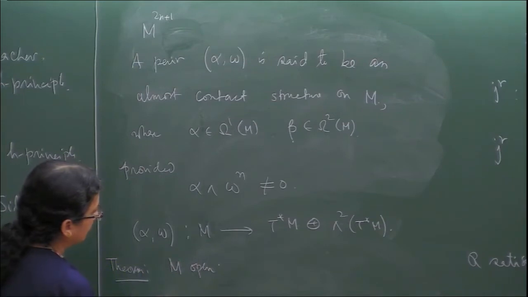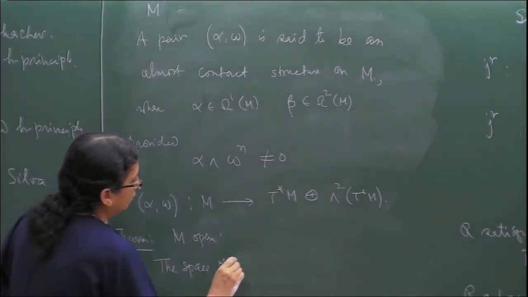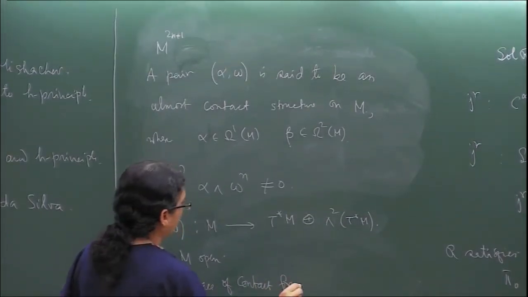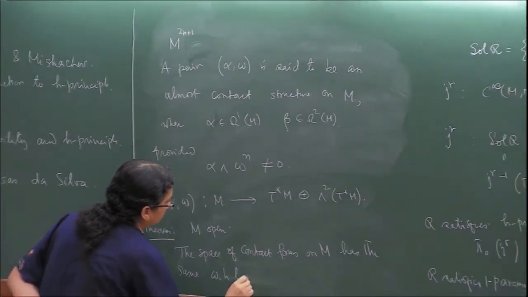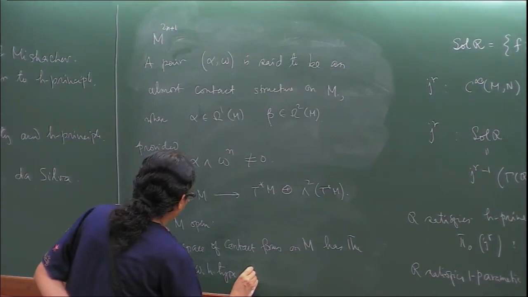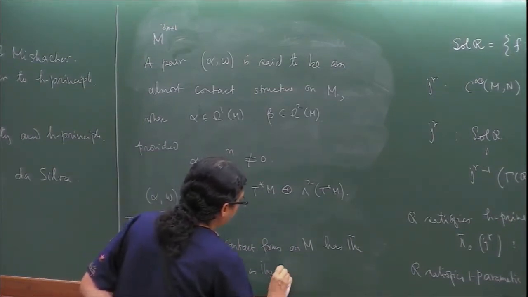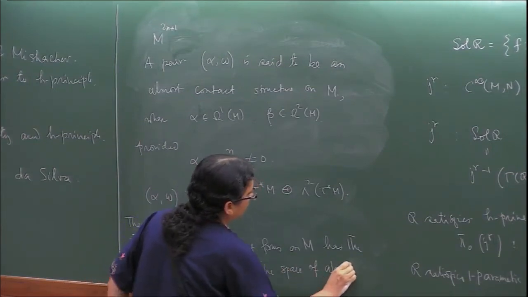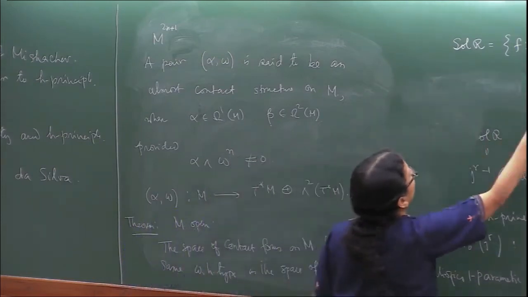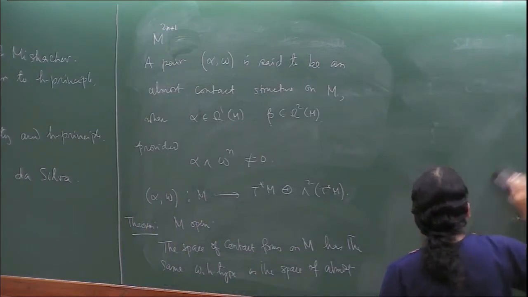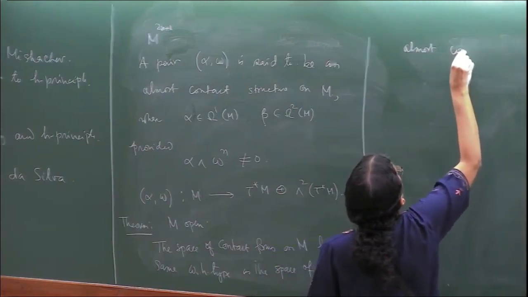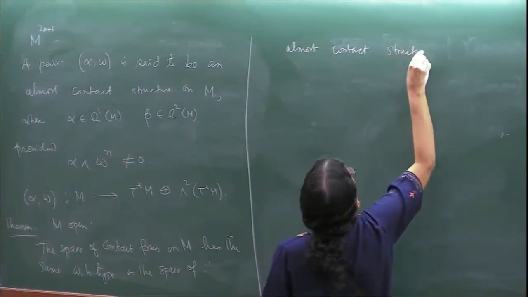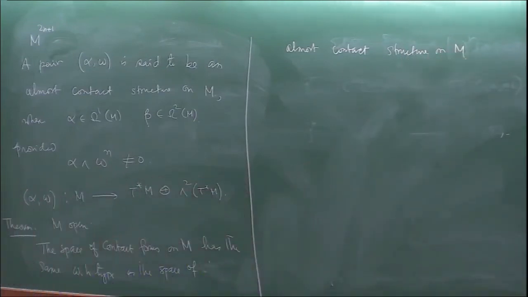It follows that the space of contact forms on M has the same weak homotopy type as the space of almost contact structures on M. So this will follow from Gromov's theorem by reformulation.